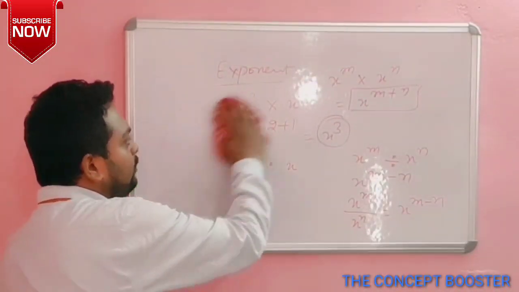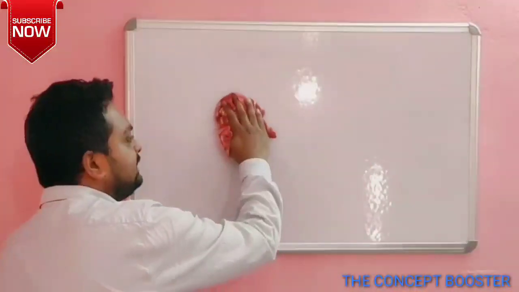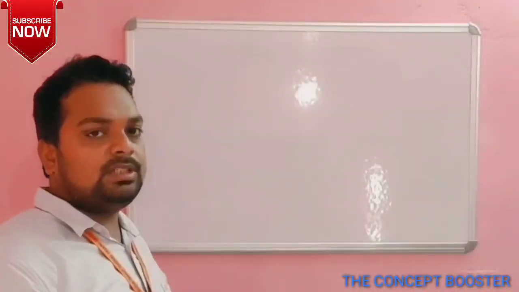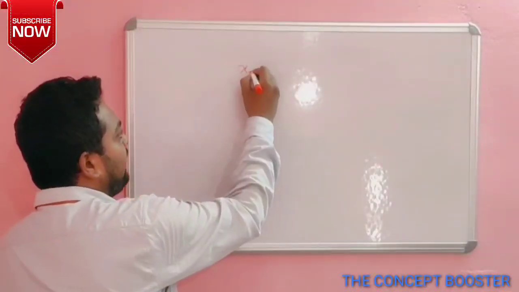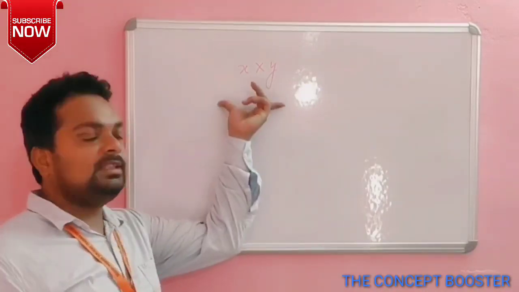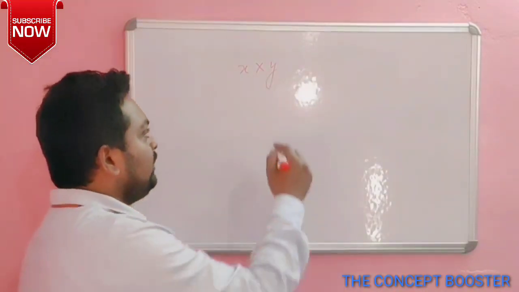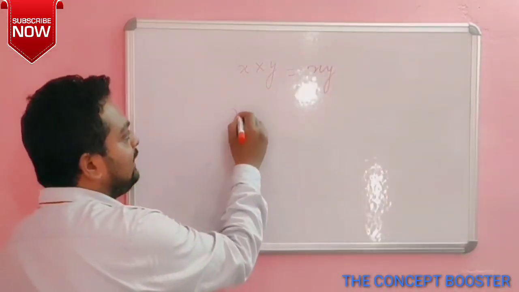Okay, now this was about the same variable. What about different variables? When you have different variables, like x multiplied with y, what will you do? If x is multiplied by y, you can simply write it as xy.